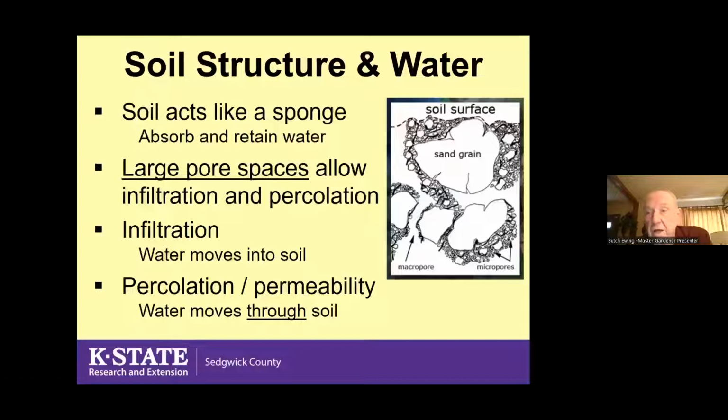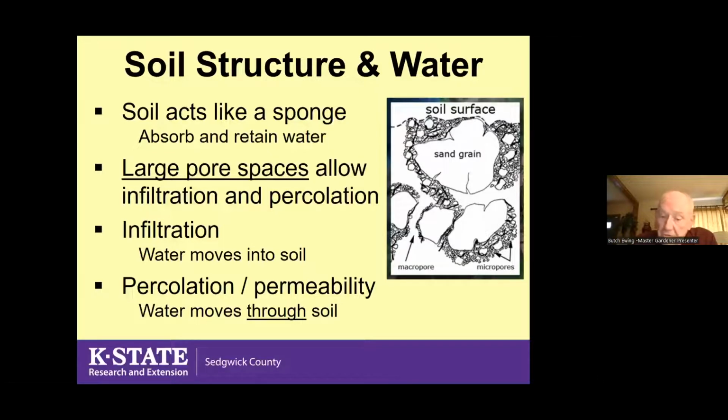When you have good structure in your soil, that soil tends to act kind of like a sponge. It's much better at absorbing water, and it also retains a little bit of that water, because our large pore spaces allow for quick infiltration and percolation, and the small spaces then retain water.